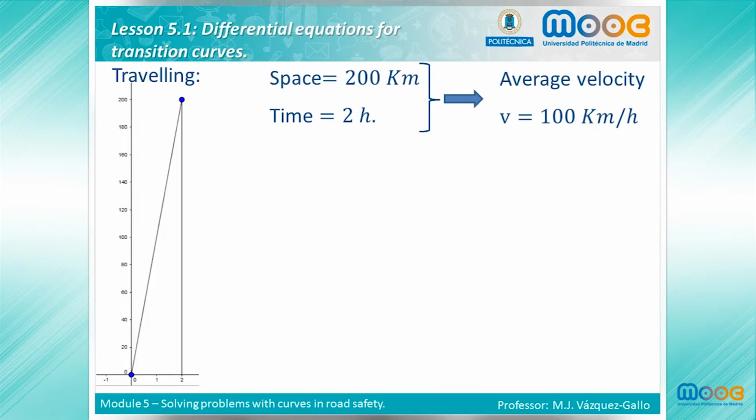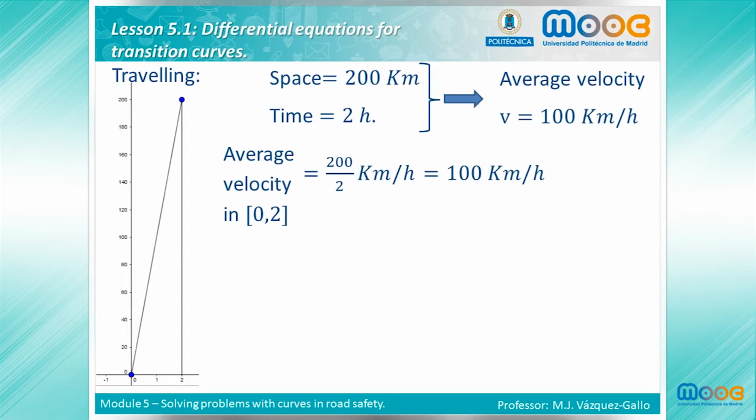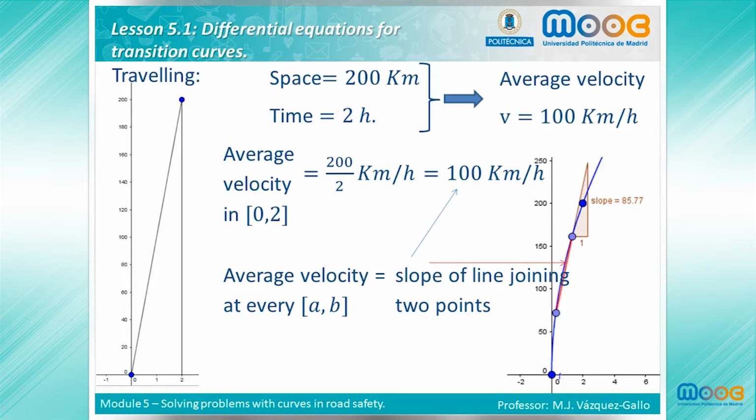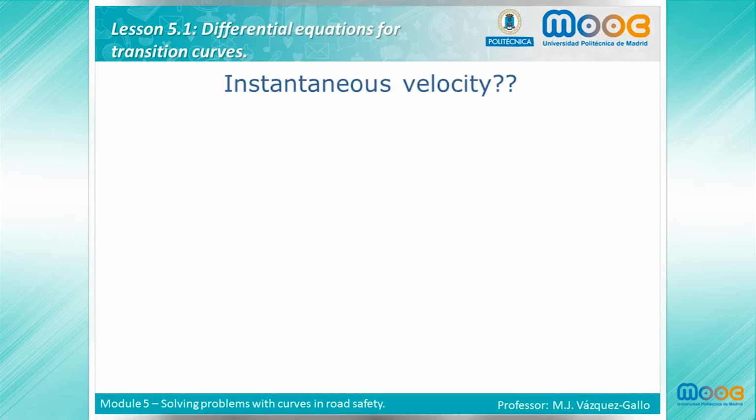If we draw this in a plane, putting time in the horizontal axis and space in the vertical one, then average velocity in the interval 0-2 is the slope of the line joining the 2 points corresponding to 0 and 2 hours respectively. Similarly, the average velocity in the interval AB is the slope of the corresponding second line of the graph of space versus time.